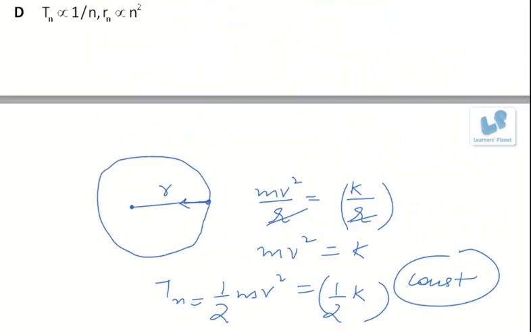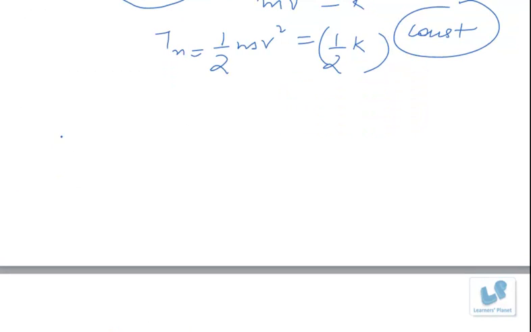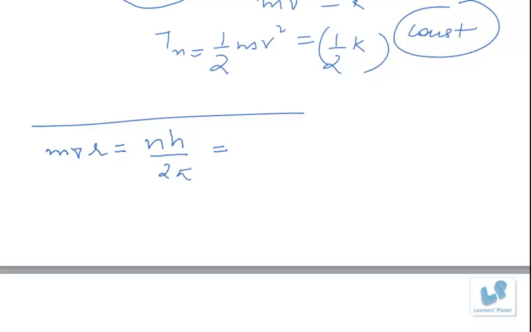Now from Bohr's model theory, mvr is equal to nh by 2 pi. Let us say this term is n times some constant c, h by 2 pi is some constant c. So r will be given by n c by mv.